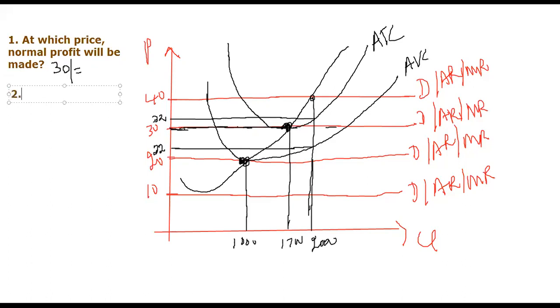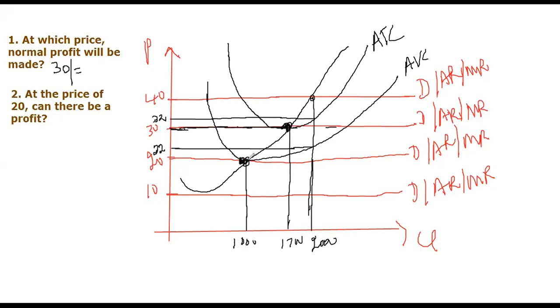Second question. At the price of 20, can there be a profit? At the price of 20, can there be a profit? So 20 is here, so AR and MR are there.